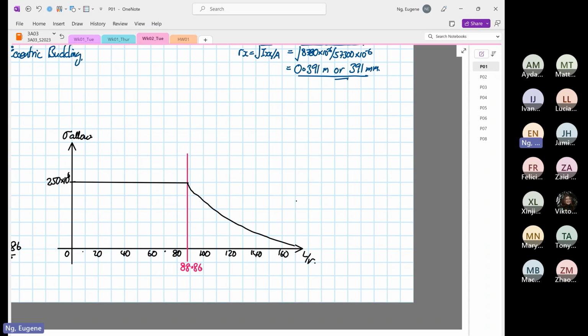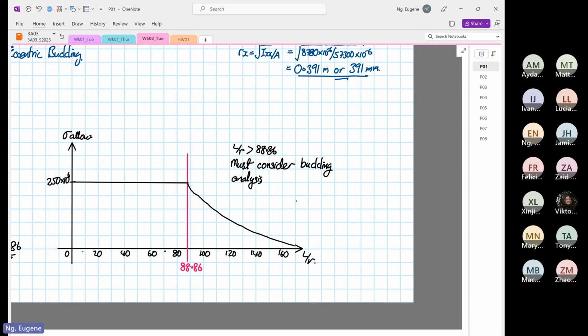So what does this mean? If your L over R ratio is greater than 88.86, you must consider buckling analysis.